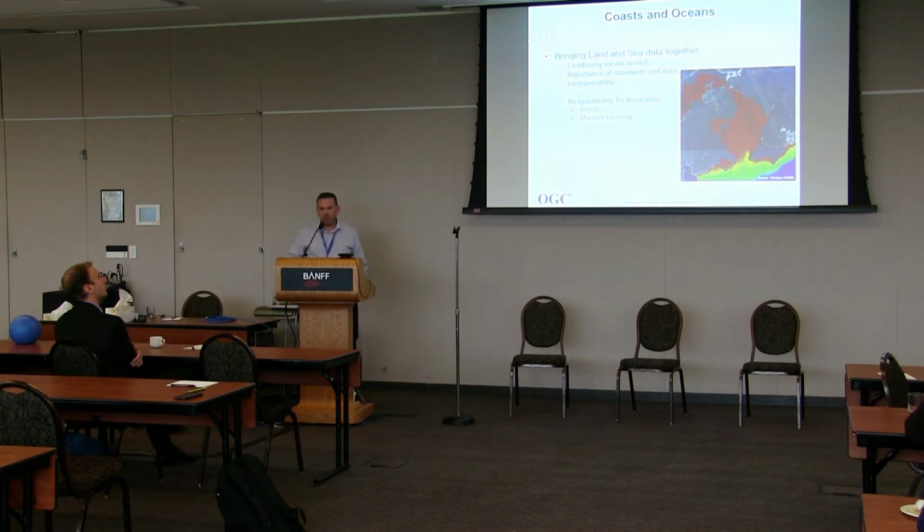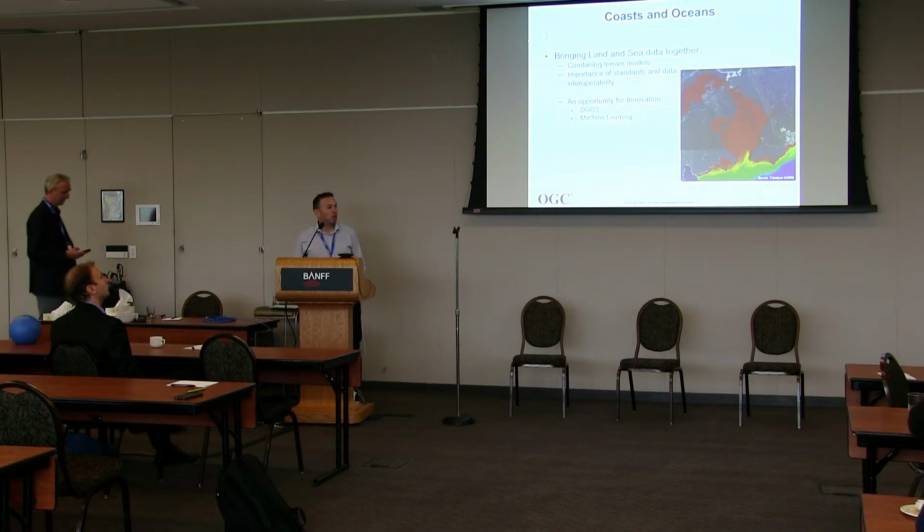One of the things we had to tackle when thinking about flood mapping and the coastal zone was how we bring land and sea data together. How do we combine a bathymetric seafloor model with a topographic terrain model?